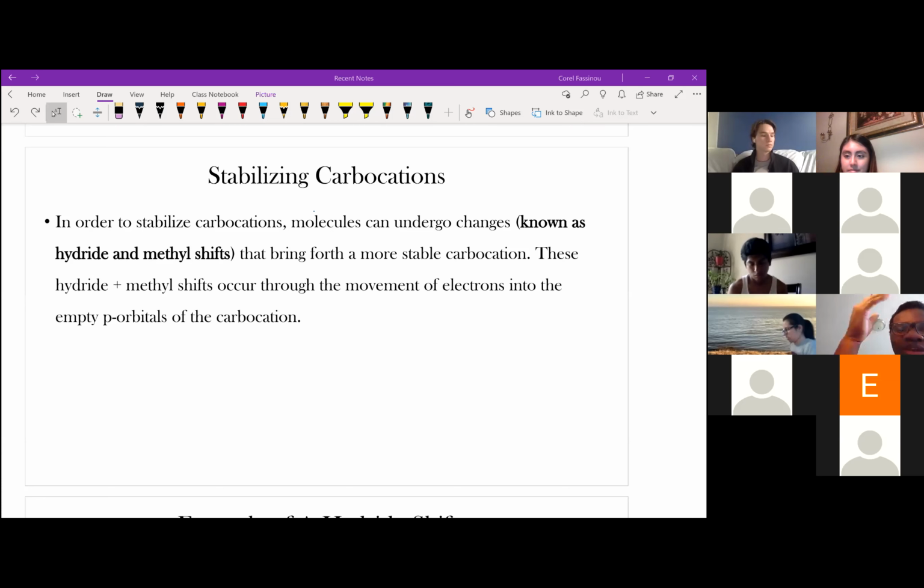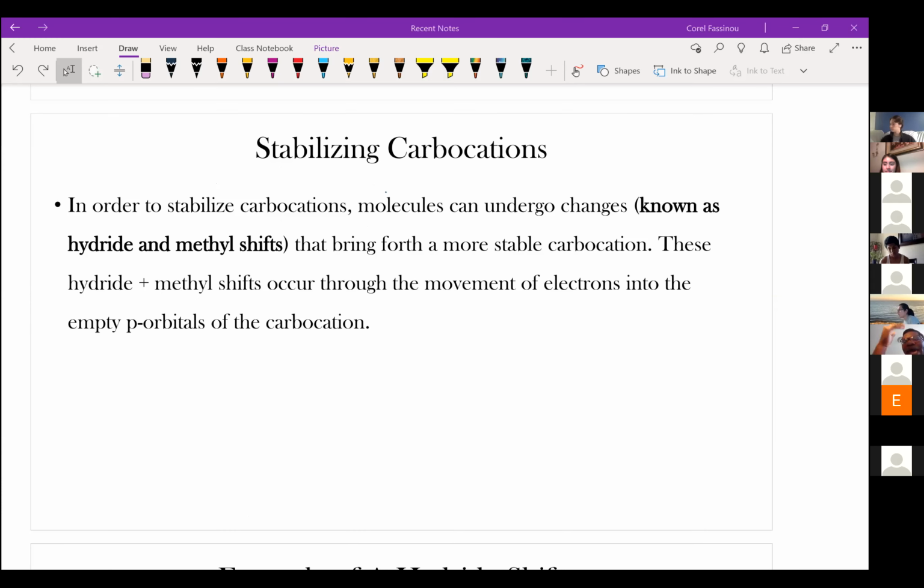So as Brandon was talking about, we were talking about carbocations and how the more alkyl groups you have attached to your carbocations, the more stable they're going to be. So on that note, there are things called hydride and methyl shifts that are employed throughout organic chemistry specifically, that allow you to stabilize these carbocations more.